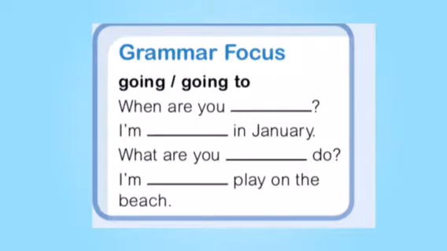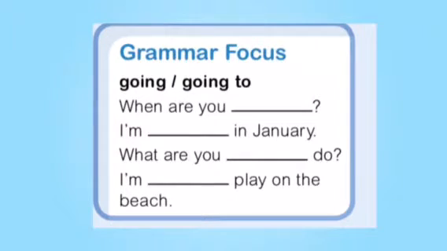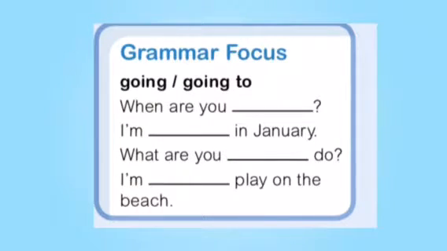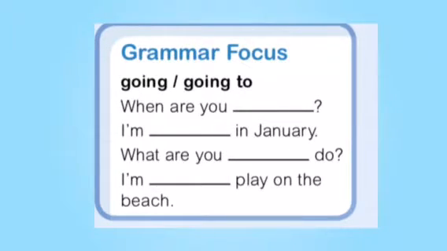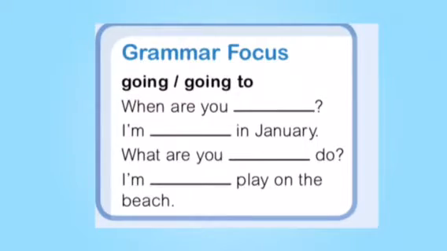So the answers again: number 1, when are you going? Number 2, I'm going in January. Number 3, what are you going to do? Number 4, I'm going to play on the beach. That is the answer. That's it.